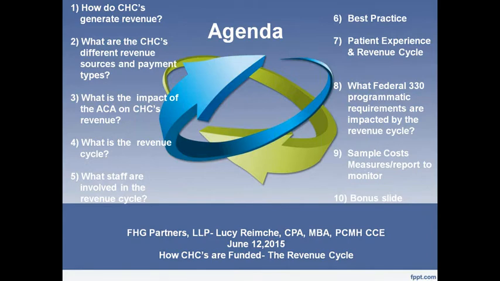And then I've also provided you with some sample costs, measures, and reports to monitor, and given you a list of those. And then our last item, number 10, we've got some bonus slides to go through on how to develop both a patient revenue cycle and patient-centered experience program for your community health center.